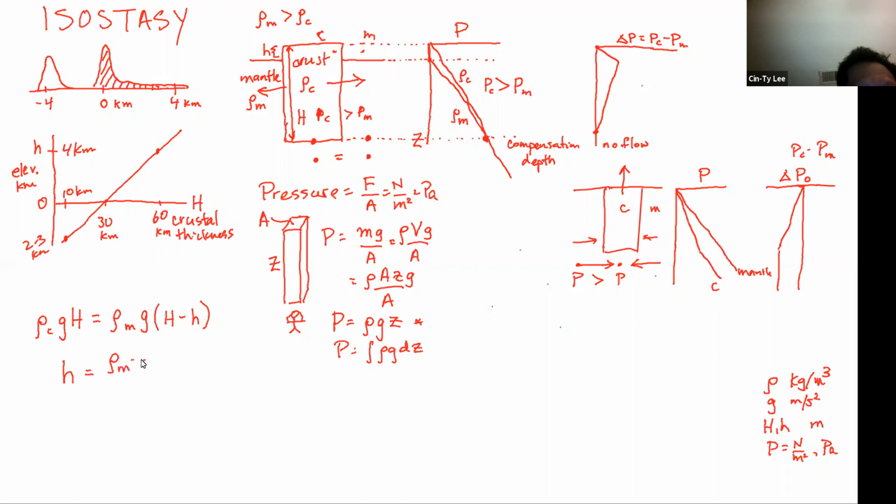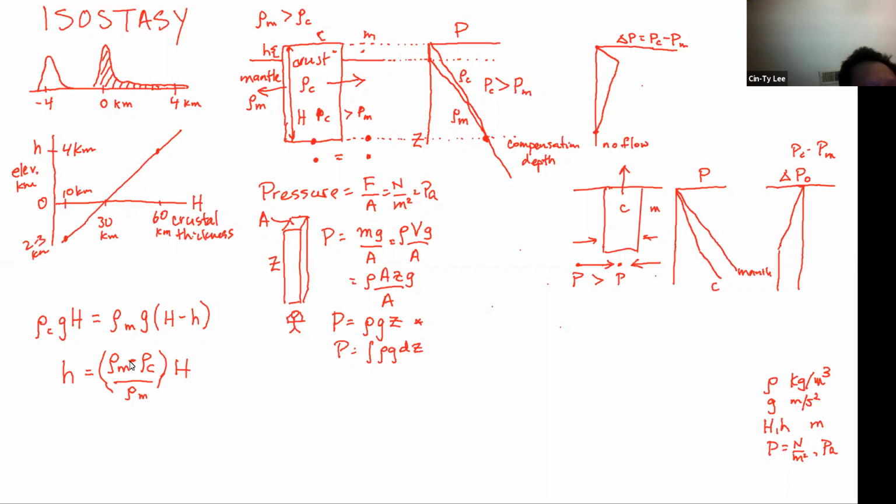Okay, we can rearrange all of this, and what you'll get then is an equation where H equals (rho M minus rho C) over rho M times the crustal thickness. And this whole quantity in parentheses right here is essentially the relative difference in density between the crustal column and the surrounding mantle.